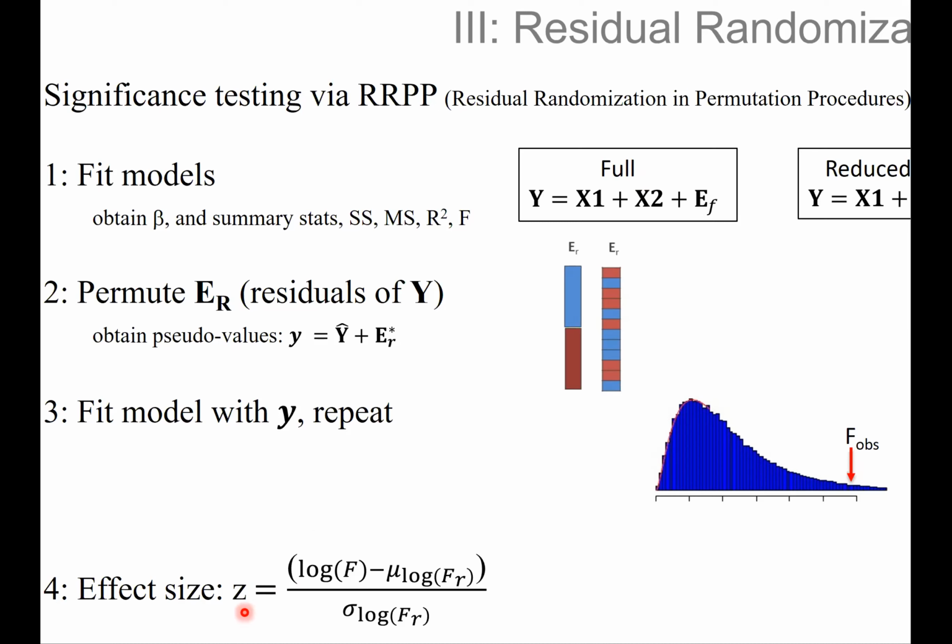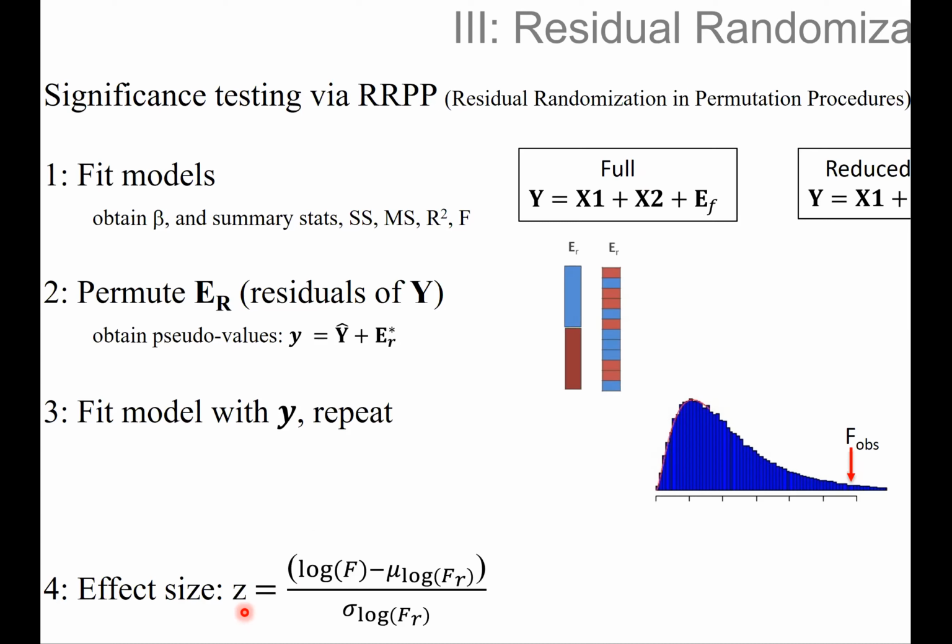And that's really useful because to me, statistics really shouldn't be treated as a light switch, on, off, significant, not significant. We also ought to interpret the strength of the signal. And this Z-score that we've developed, we feel allows us to do that. And I'll come back to that in just a little bit.